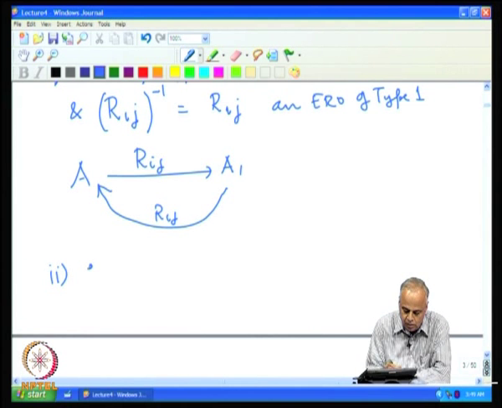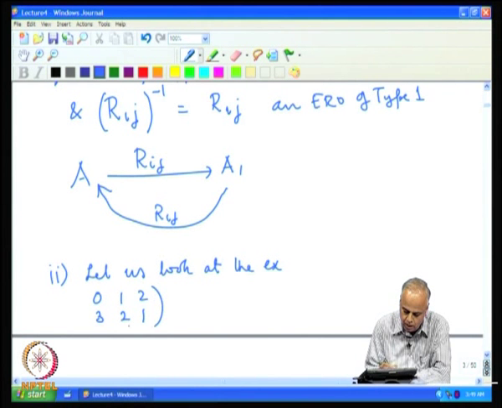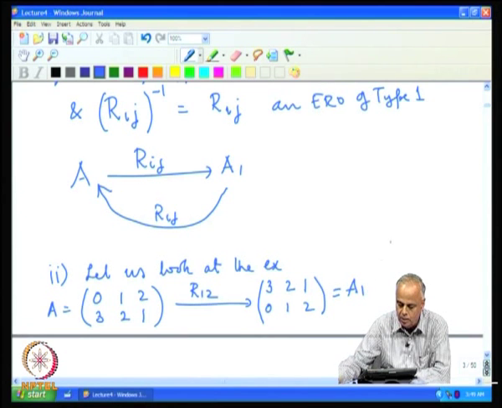Now, the second one, we will first look at the example we had. We had 0, 1, 2, 3, 2, 1 as our matrix, and we applied R12 to it, and what we got was 3, 2, 1 and 0, 1, 2. This we called A1.